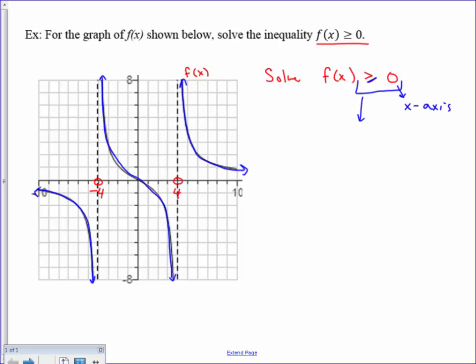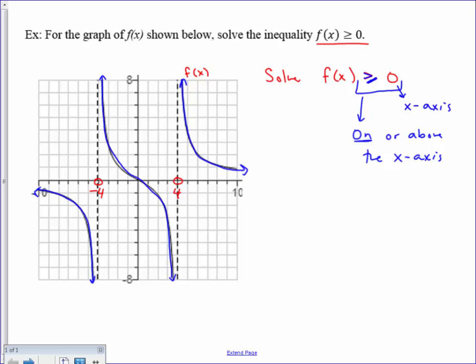Because it's greater than or equal to, I'm basically looking on my graph to see where the x's are either on or above the x-axis, since its symbol is greater than.